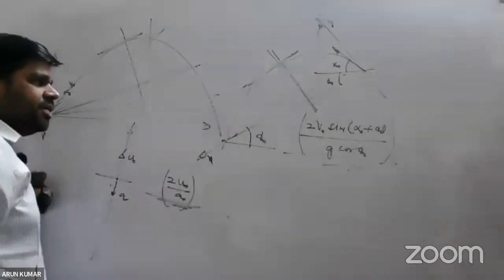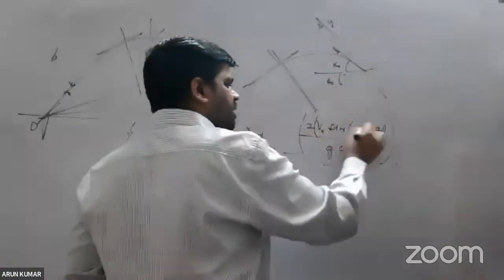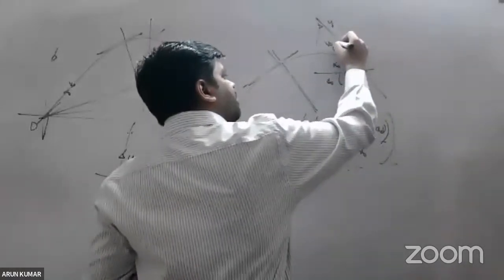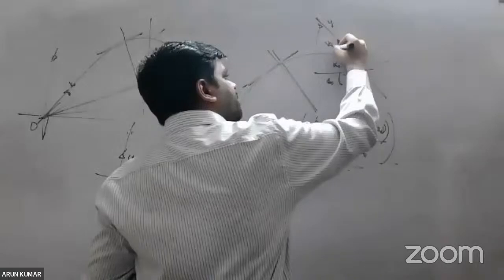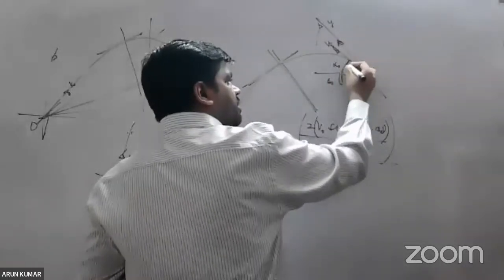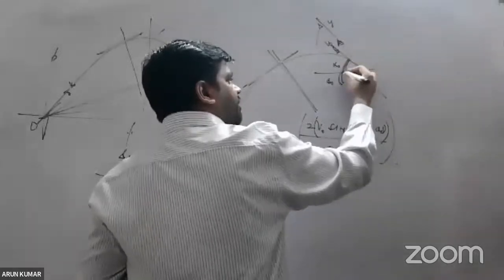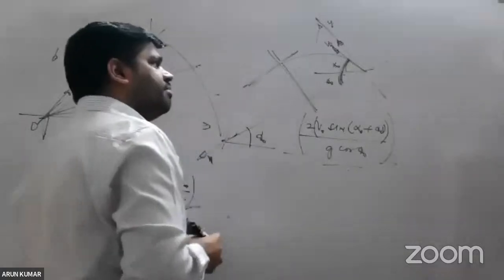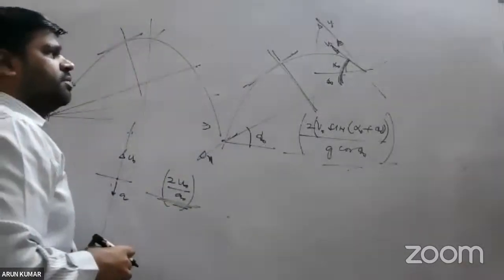Same thing here. Instead of u, you have v naught sine of alpha naught plus theta naught. Why is it so? This is v naught. My vertical y component of this velocity is v naught sine of this angle. What is this angle? Alpha is with the horizontal, and this is theta.